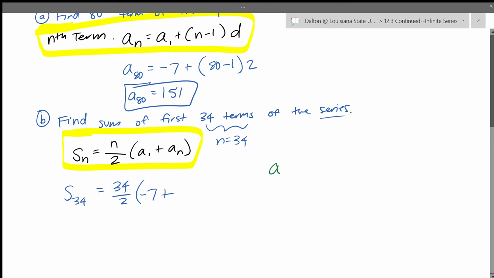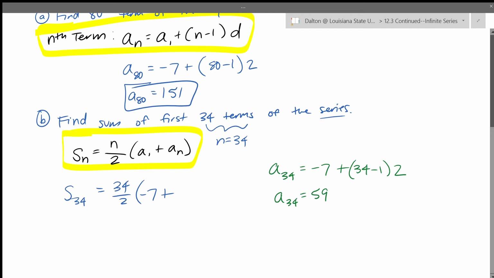To find a sub 34, I follow this formula up here: a sub 1, the first term, is -7, plus n, in this case 34, minus 1 times the common difference 2. So 34 minus 1 is 33, times 2 is 66, minus 7 will be 59. So a sub 34, the 34th term, is 59.